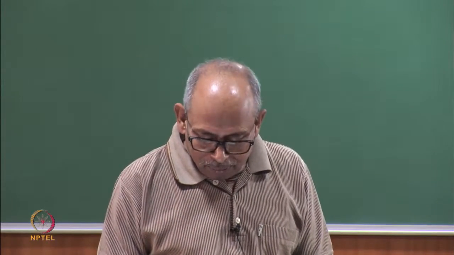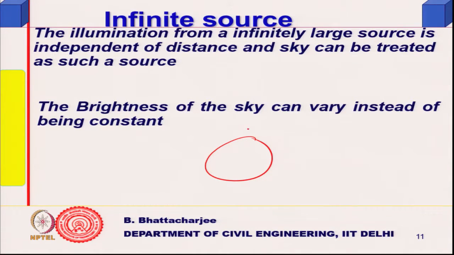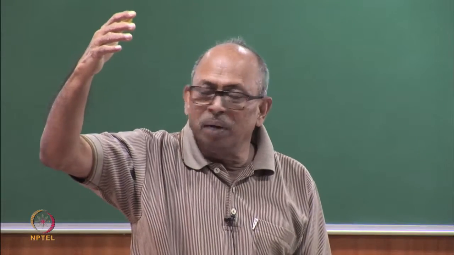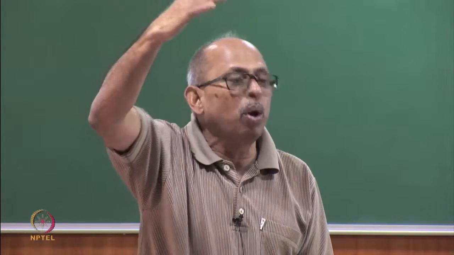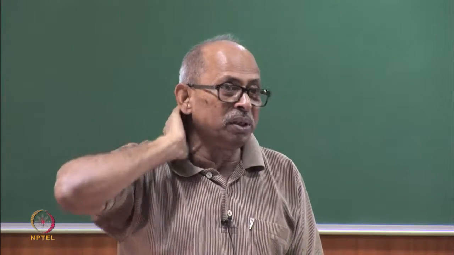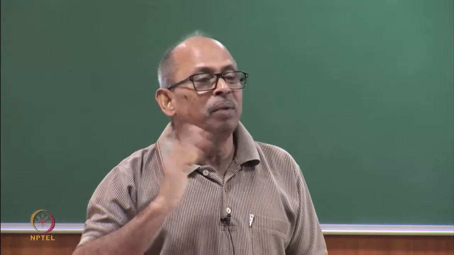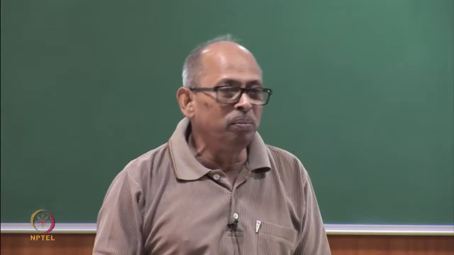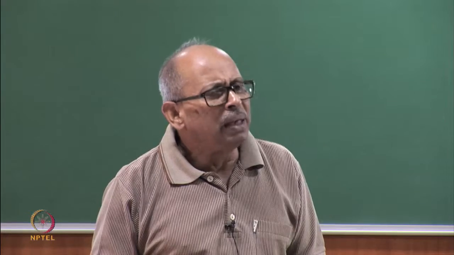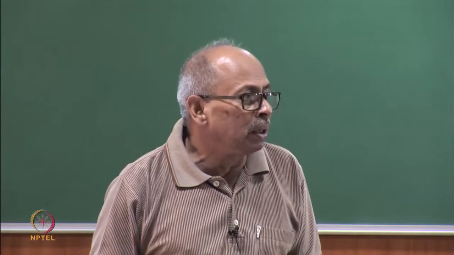So, if this is my earth, the sun's radiation comes from all directions. Diffused light will come from the sky vault if the sun is blocked. We had diffused radiation and direct radiation. So, if the sun is blocked, then you can have uniform brightness, but otherwise the sun is there. So, uniform brightness is an ideal situation, it really does not occur.